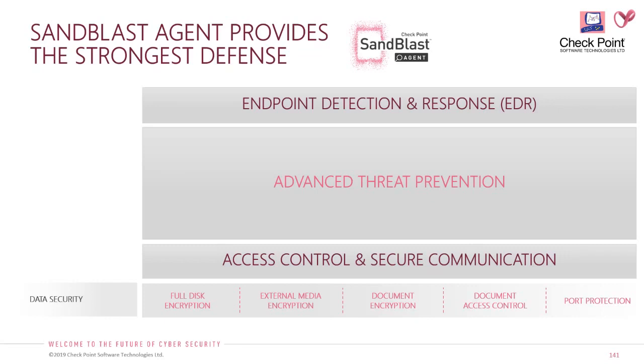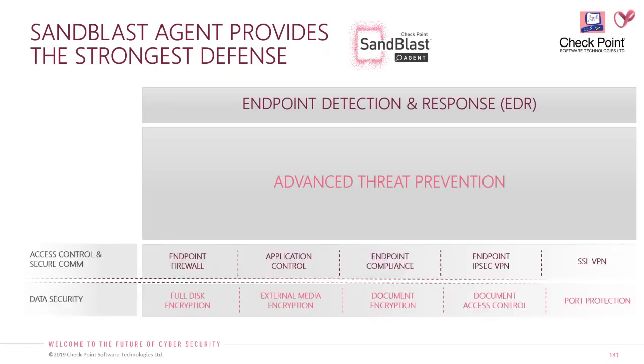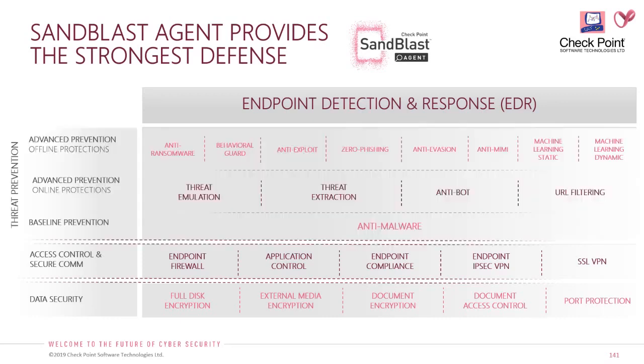Document access control has the docs caps, which will be helpful for document control. And access control means you need to stop the attack surface. So how will you stop the attack surface at the entry stage? Using endpoint firewall, application control, endpoint compliance, IPsec VPN and SSL VPN.